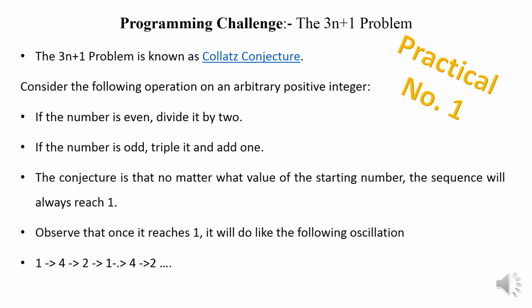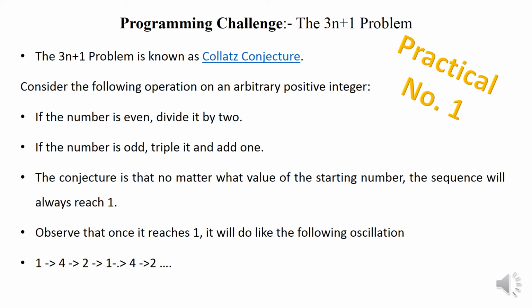Friends, 10 is an even number. So we divide it by 2. We get 5. 5 is an odd number. Again, we perform 3n plus 1. 5 into 3 plus 1, 16. 16 is an even number. Then divide by 2. That is 8. 8 is an even number. So divide by 2, 4.